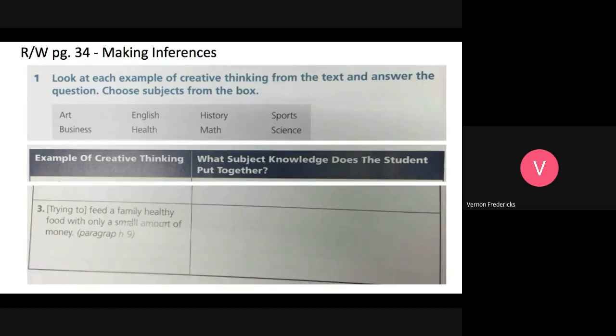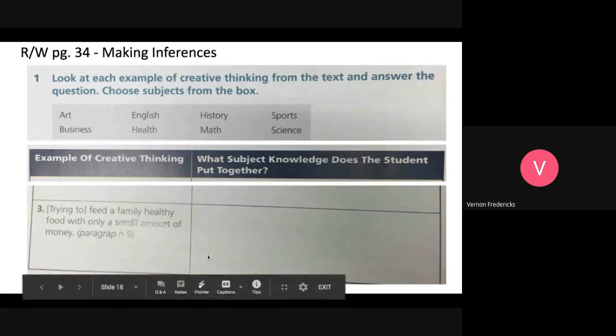I would say health, and maybe a little bit of math as well. Not business, but just health and math.